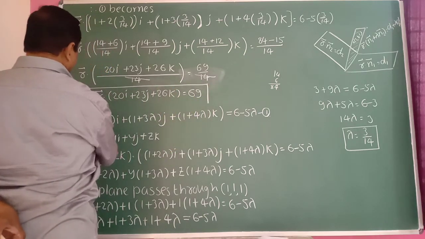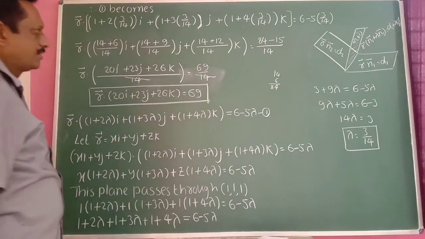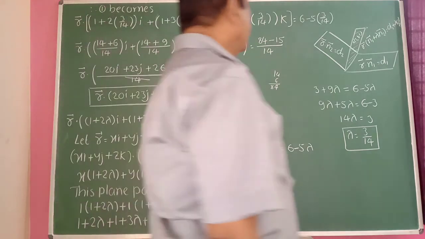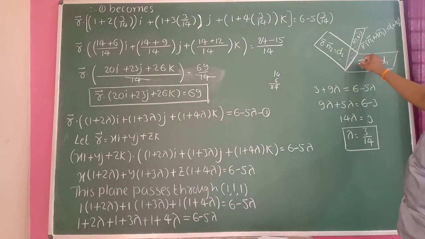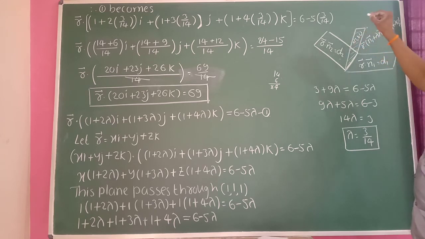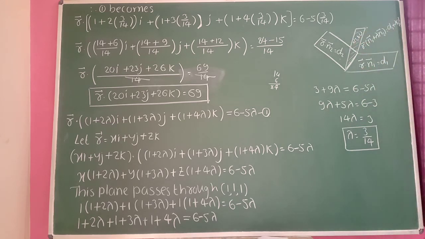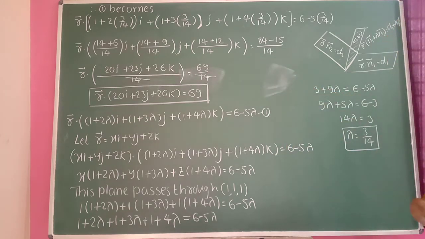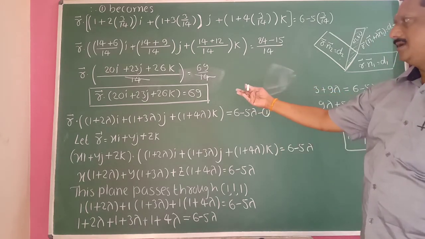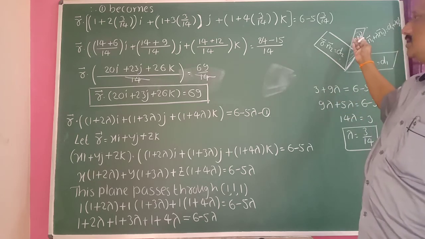So this is the required plane. This is the plane passing through the line of intersection of these two planes as well as the point 1, 1, 1. We can verify whether the plane passes through the point 1, 1, 1 or not.